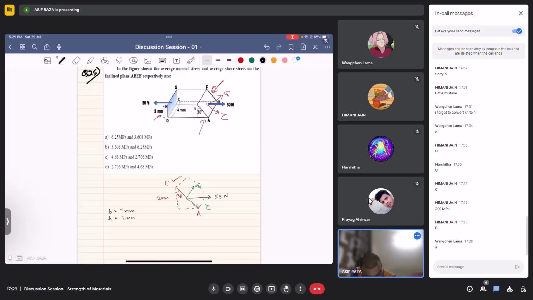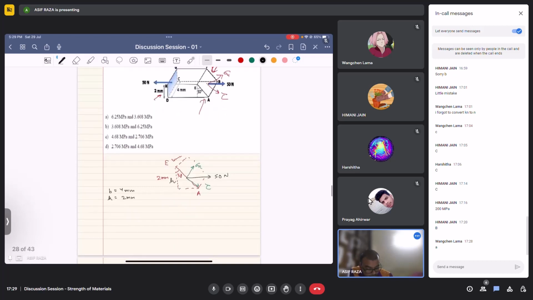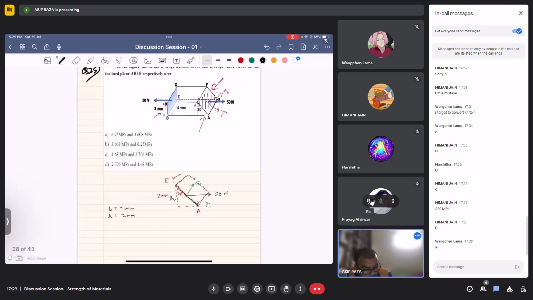Okay, so this is H. Now let's first find the area of this plane. For that, first let us find the length of this incline.